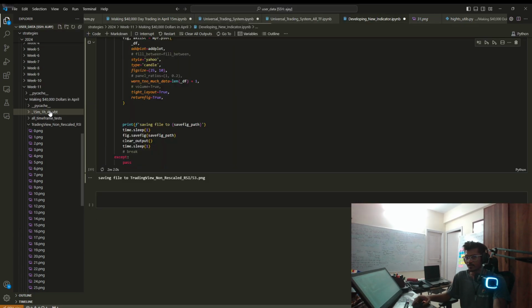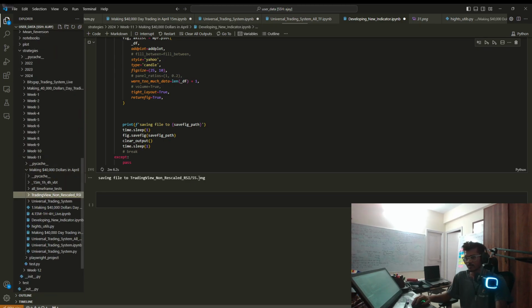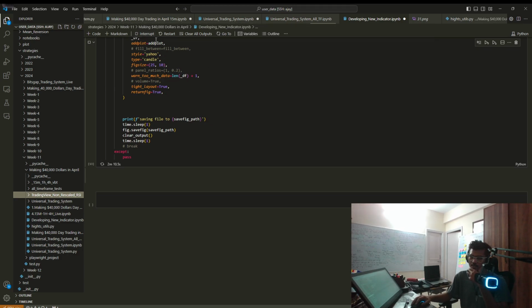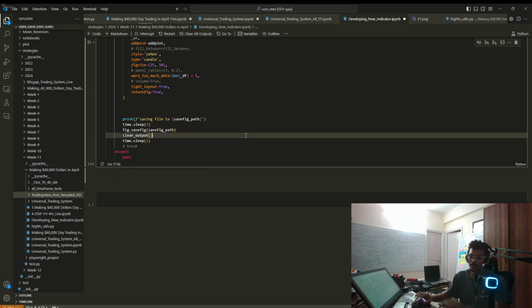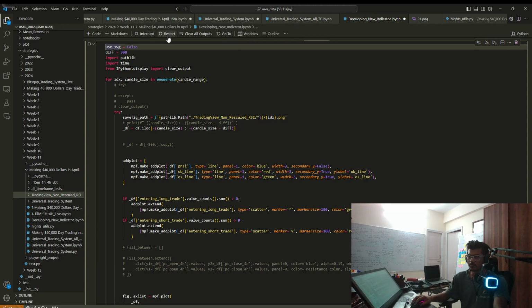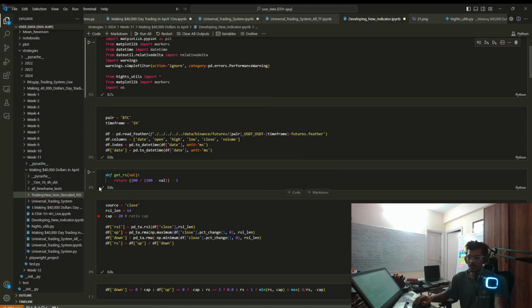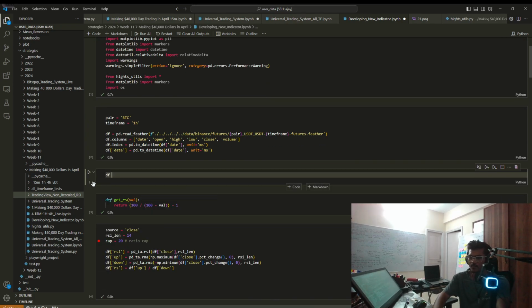So, for instance, I'm gonna show you what I mean. That's why I only plot around, not the whole data frame, just take the part of the data frame.